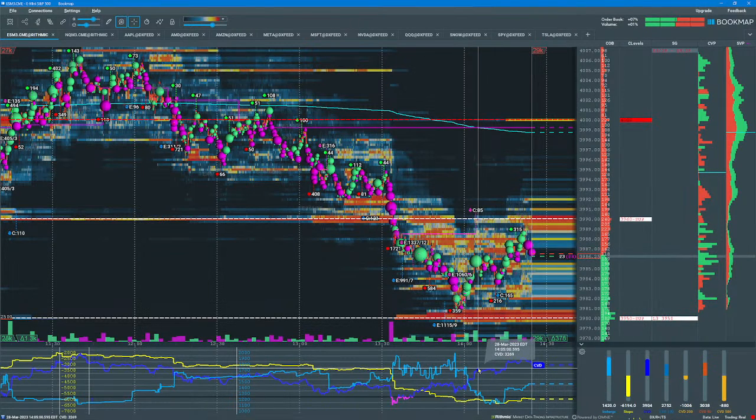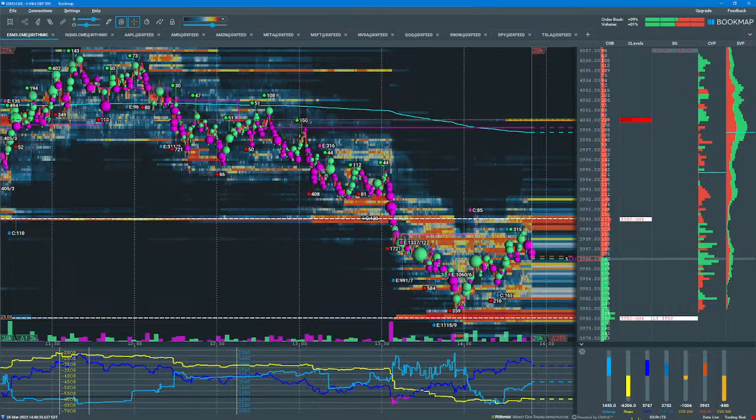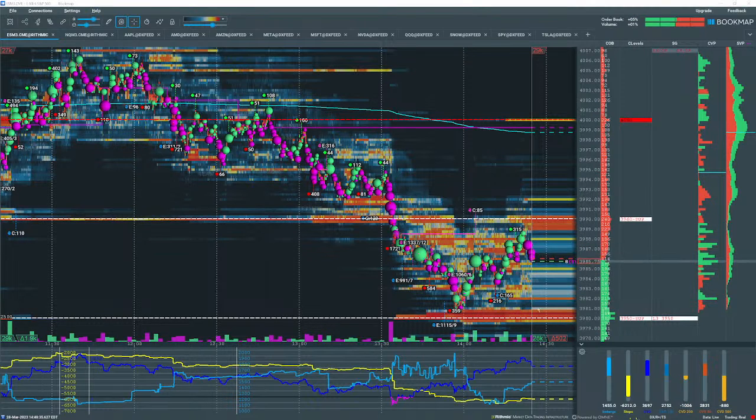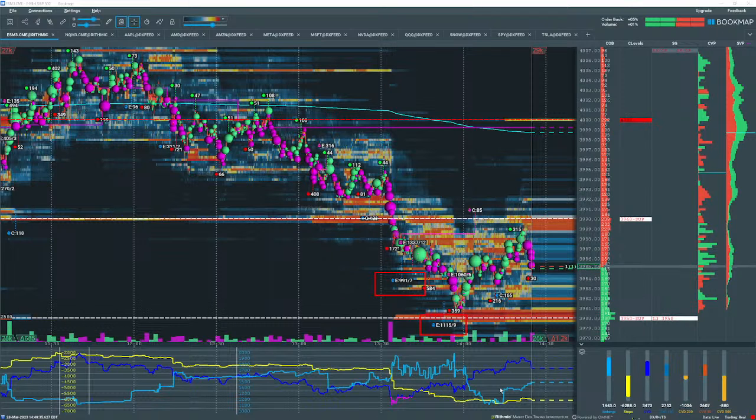Not much. There was some iceberg activity going as price was heading down, and they're still in there, it looks like. But now aggressive sellers are coming back in.